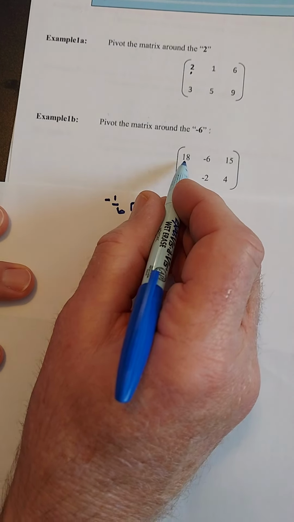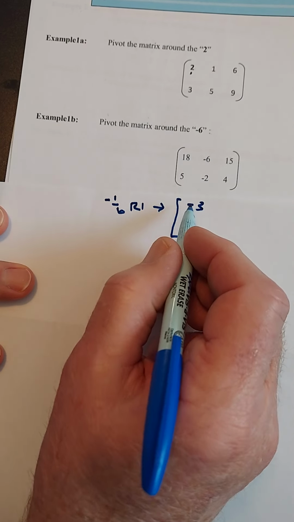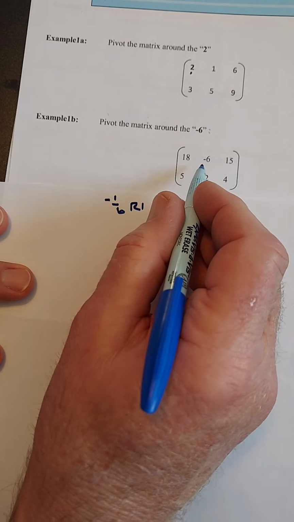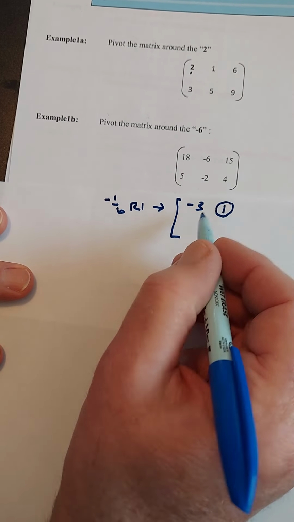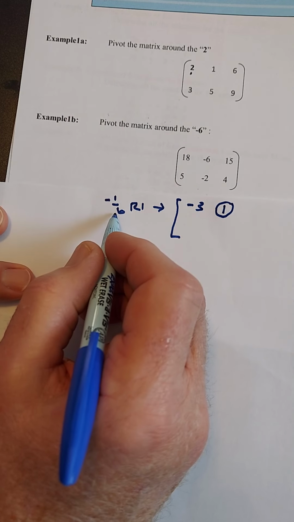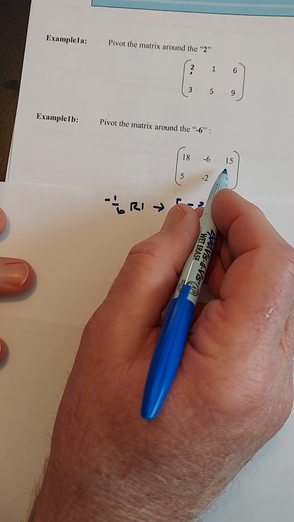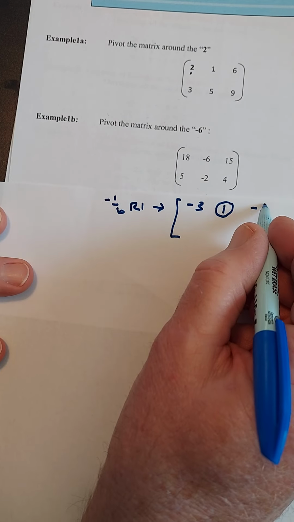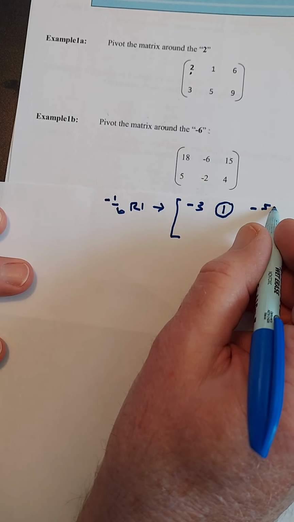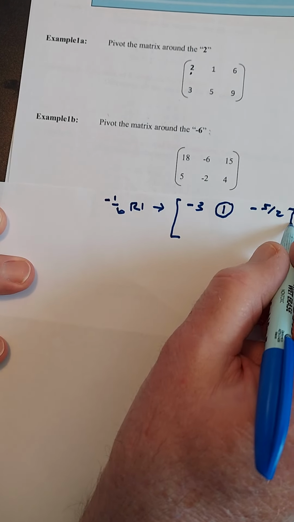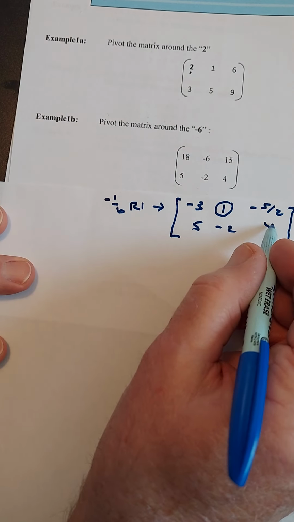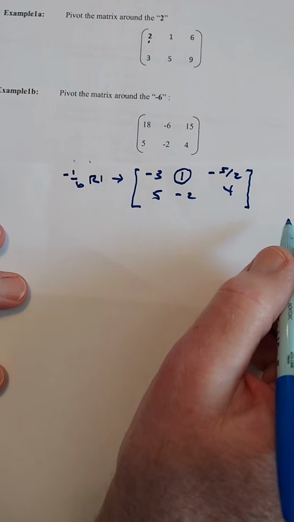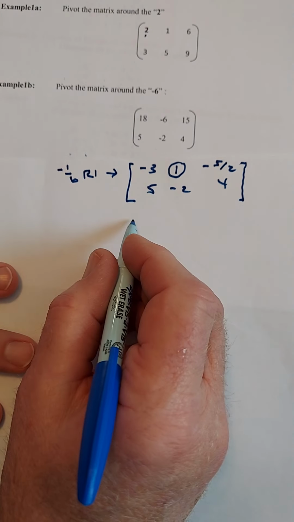So -1/6 times 18 is -3. -1/6 times -6 is 1. That's my new pivot. And -1/6 times 15, that's -15 over 6, or in lowest terms, that would be -5 halves. The bottom stays the same. Okay, so we got the 1.